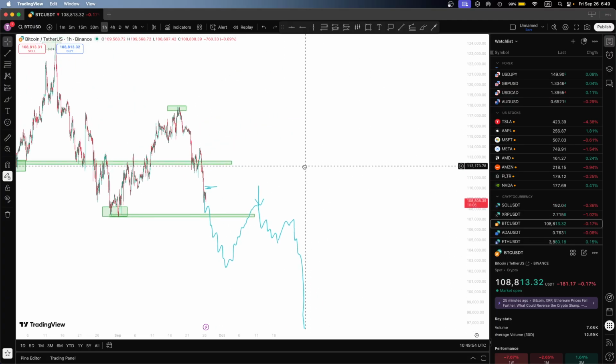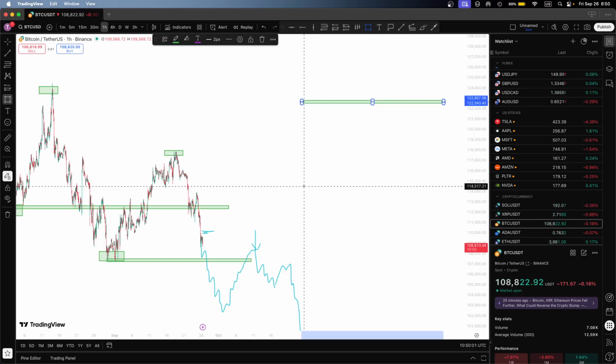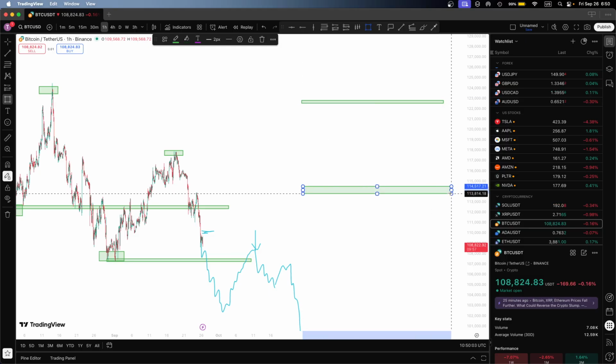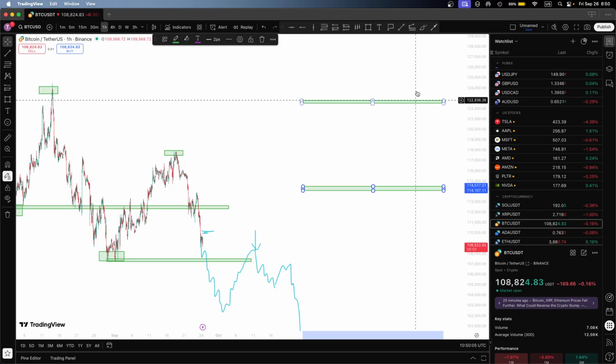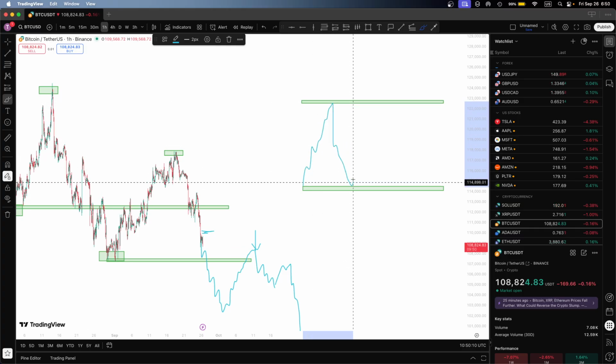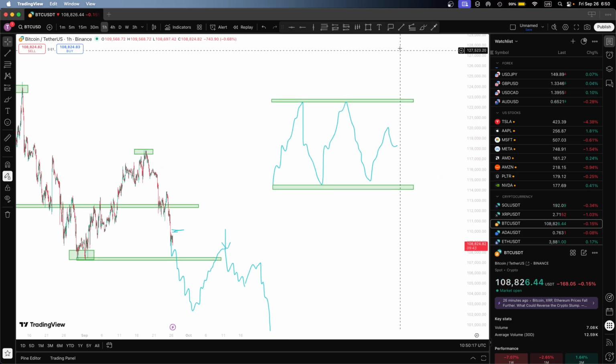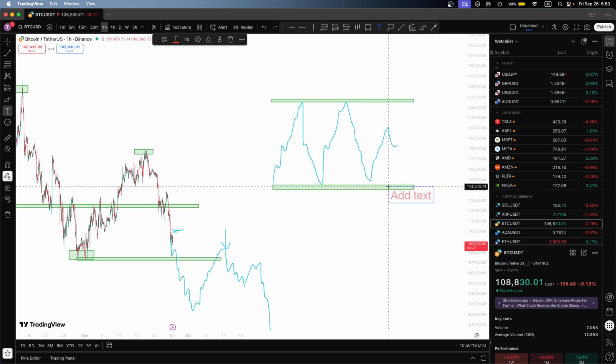So what liquidation means is, let me just draw these two levels. Let's just imagine the market is at this current stage right now, and there are a lot of traders who used leverage, meaning they are using more than what they have in their account.